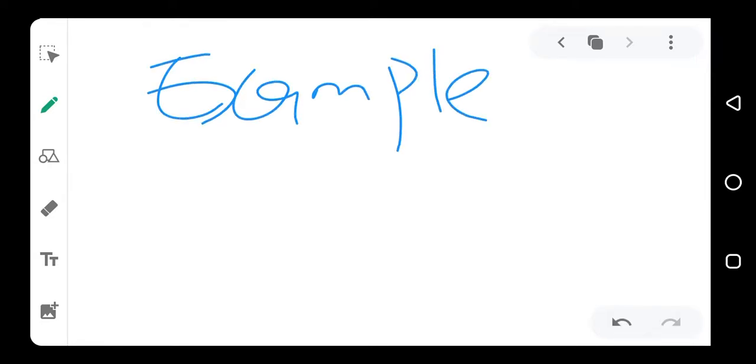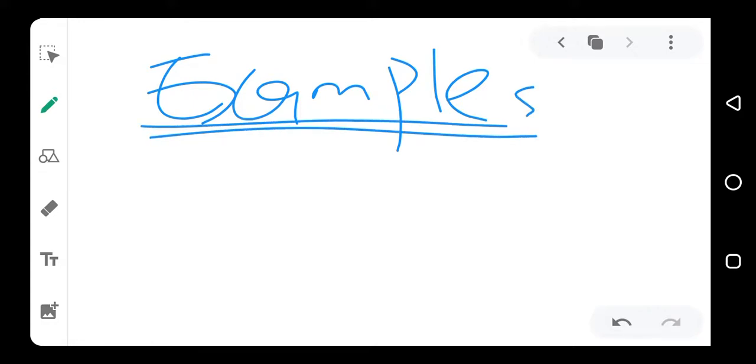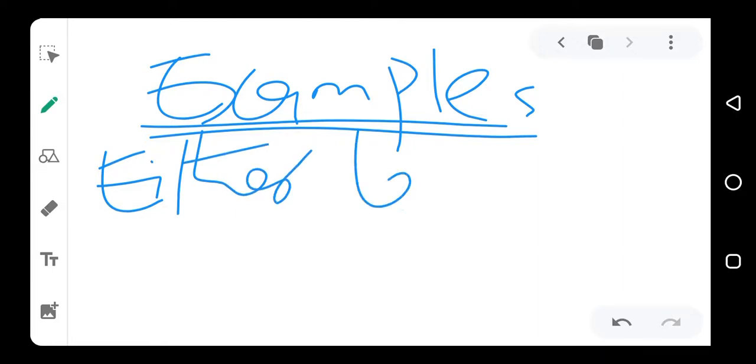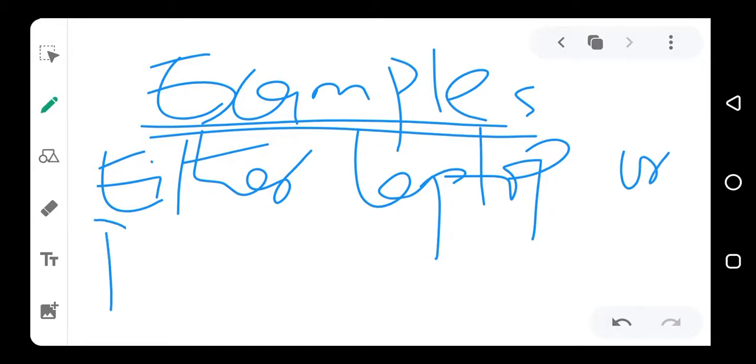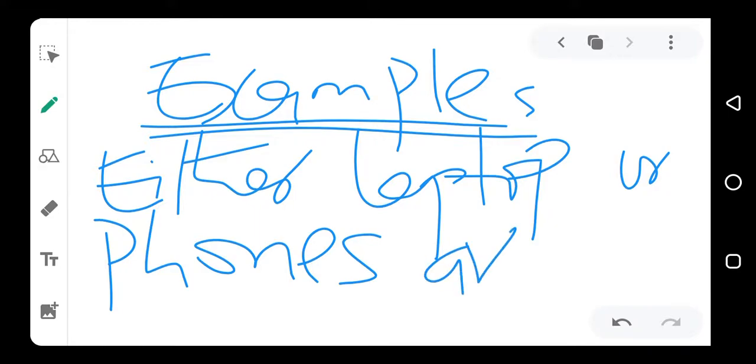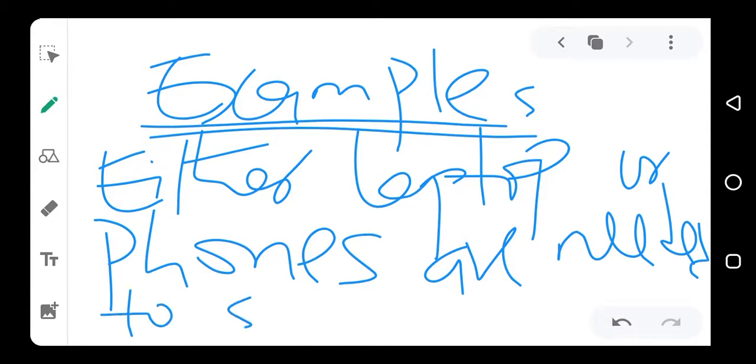So look at these examples. Either laptop or phones are needed to study here.